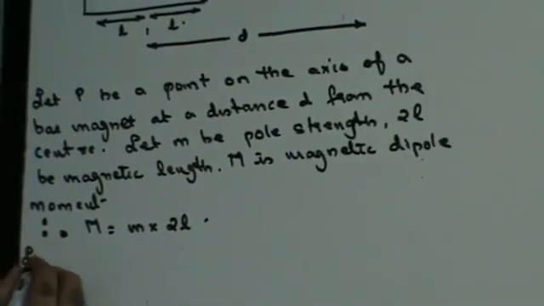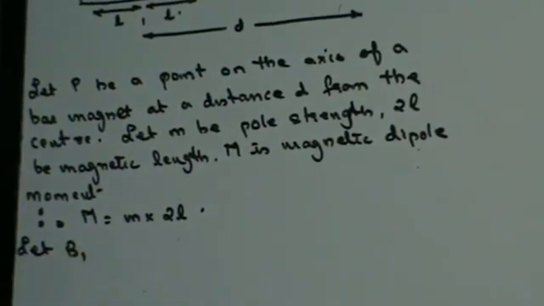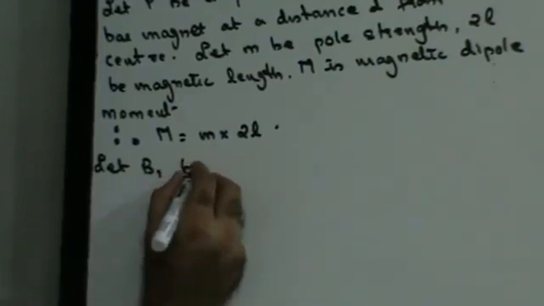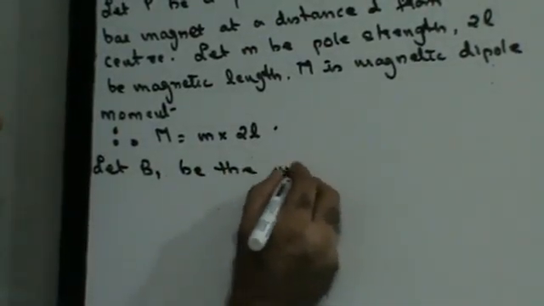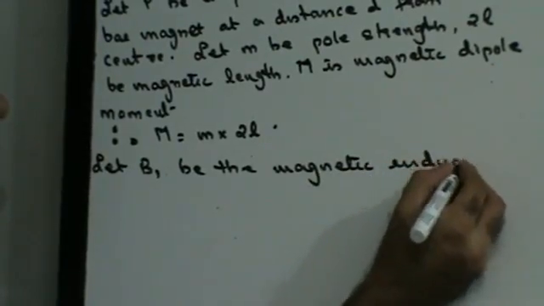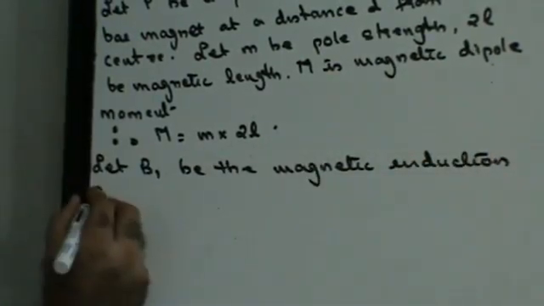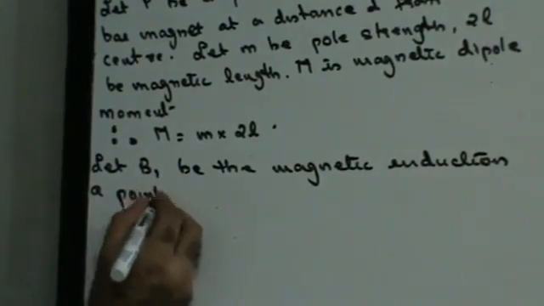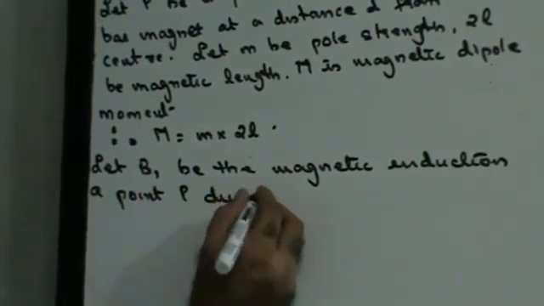Now let B1 be the magnetic induction at point P due to the north pole.